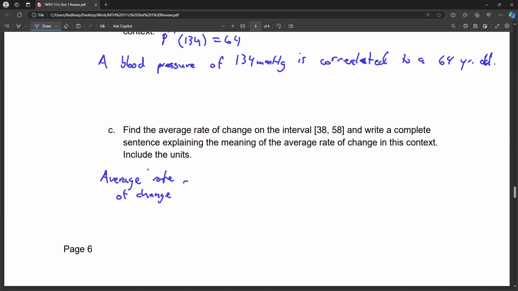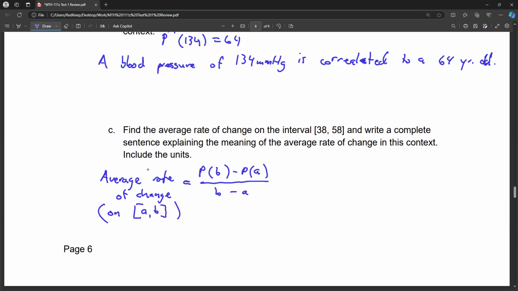This equation, I think, no matter what, should look familiar, right? Let's think about this. This is going to be whatever the blood pressure is of the right endpoint minus the left endpoint. And then, of course, just making sure to line these values up. So this is the average rate of change on A comma B, right?